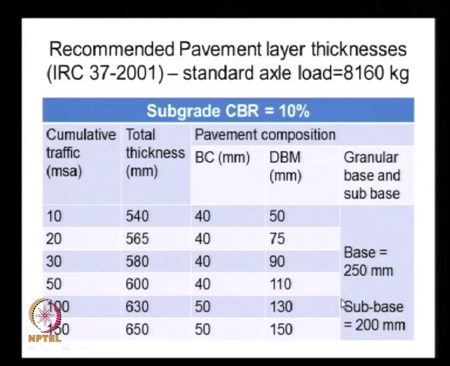And once again, the standard pavement BC thickness, that is the bitumen concrete thickness, is given as 40 mm up to 50 MSA, and 50 mm for higher number of load passes, and then the DBM thickness, and the base course and the sub base course thicknesses are given.